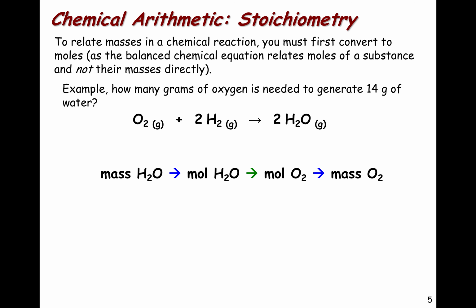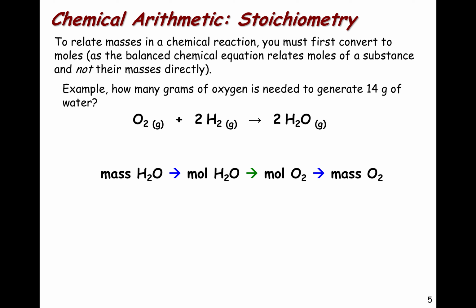In this particular case, we're going to start with the mass of the water. We will then convert that into the moles of water using some sort of ratio. And then we'll convert the moles of water into the moles of oxygen, because we're trying to figure out how much of the oxygen we're going to need. And then finally, we will use another conversion to go to the mass of the oxygen.